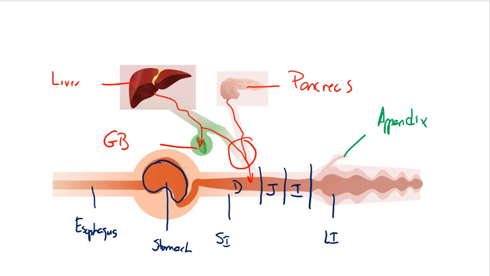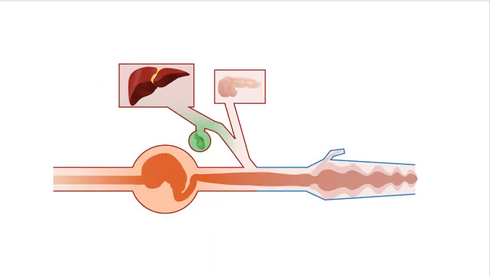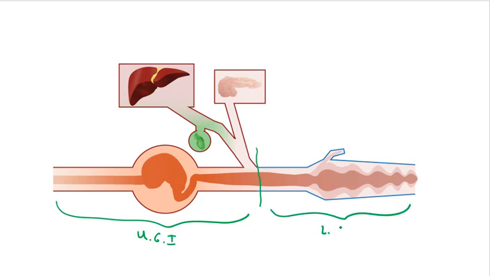Now hopefully you can better envision how all these parts are interconnected. Now let's use our simple diagram to discuss functions. You may have heard the terms upper GI or lower GI tract. Well, although these words seem to infer location or direction, they actually more accurately describe functions.